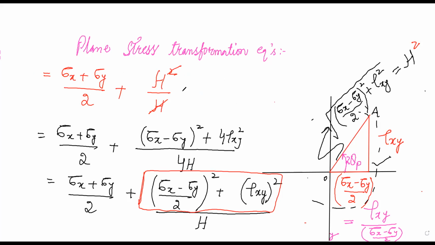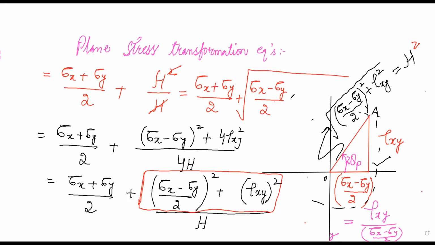So this is sigma x plus sigma y divided by 2 plus under root of sigma x minus sigma y divided by 2 whole square plus tau xy square. This represents the value of sigma x prime at theta equal theta p.